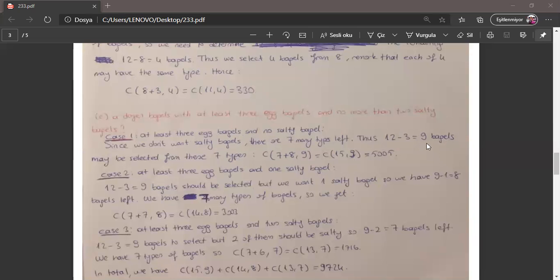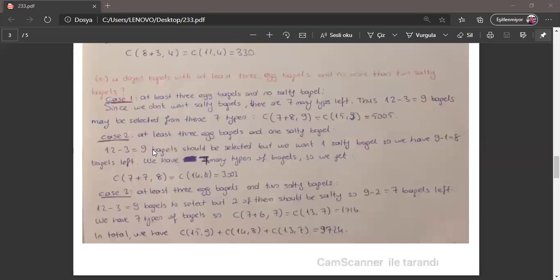But for these 9 bagels, we can choose the same type for each one, okay? So we add 8 here because one of them is in there already. For the remaining 8 ones, we add 8 here and we choose 9 bagels, okay? So we have this combination.